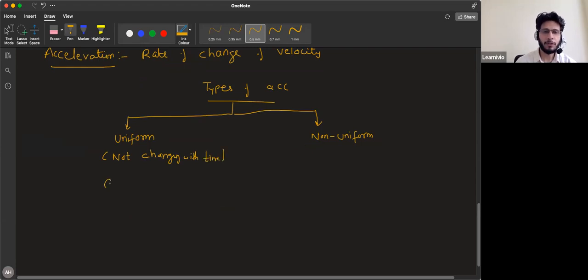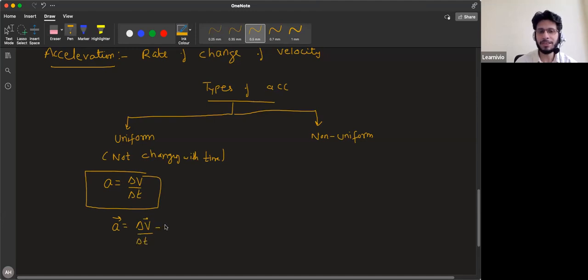So you can write that your acceleration is the change in velocity by time t, delta v over delta t. Now remember one thing. Velocity is not a scalar. Velocity is a vector. So this is basically a vector equation. Acceleration is change in velocity by time.